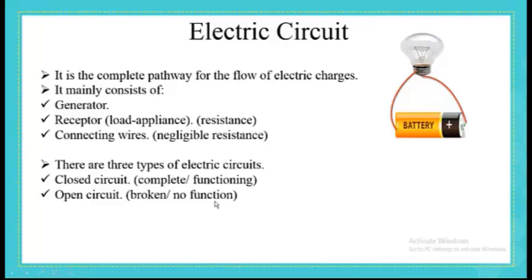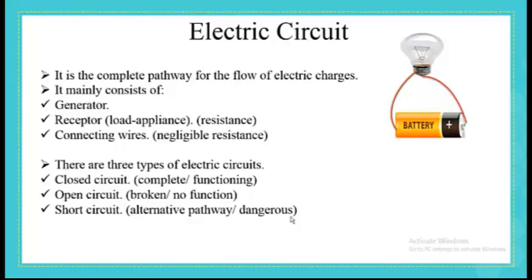And finally, the last type is the short circuit, which provides at a certain level an alternative pathway, which is usually an unintended pathway for the flow of charges, and we consider such a circuit as a dangerous circuit.